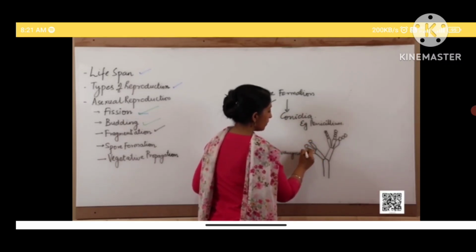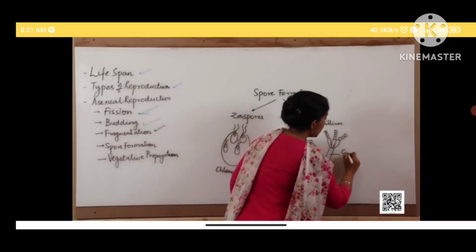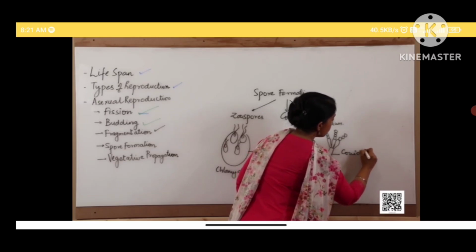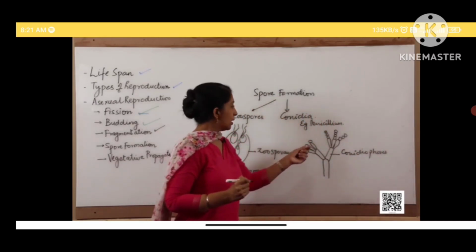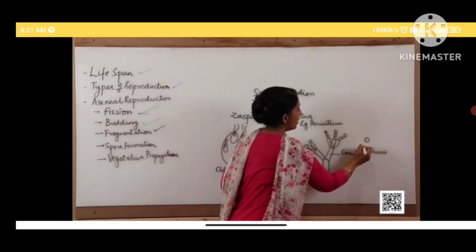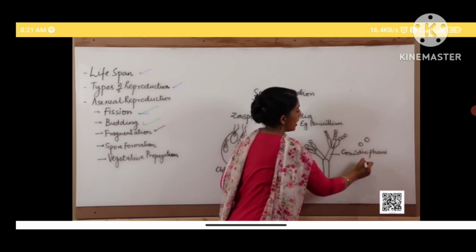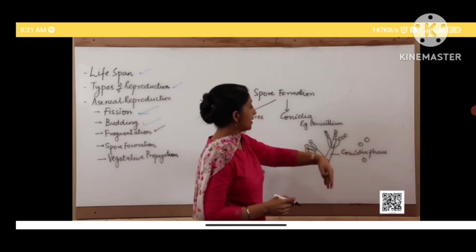Fine. So these are the specialized hyphae called conidiophores. The new conidia keep forming from here and the older ones drop off from the tip and give rise to a new organism.